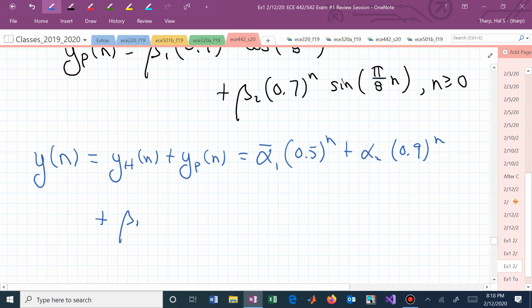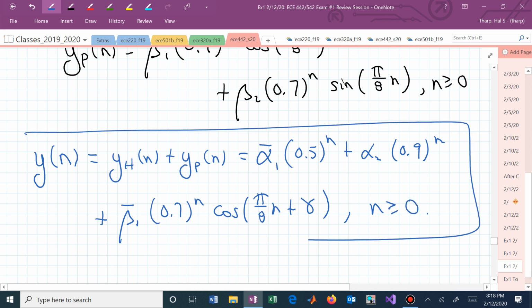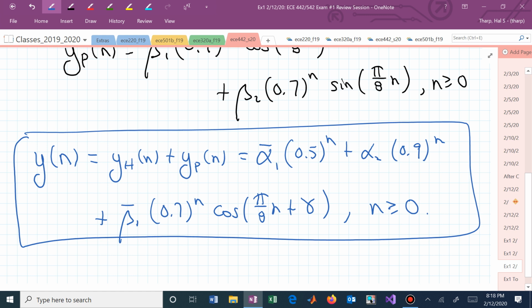Beta 1, and here I'm getting lazy, so I'm going to say beta 1 hat 0.1 to the n cosine pi over 8n plus some angle, gamma. That accounts for the other sinusoid. There would be my generic structure. I needed my natural modes. I needed my modes due to the excitation or the forcing function. I combine them. There's my structure of the response.